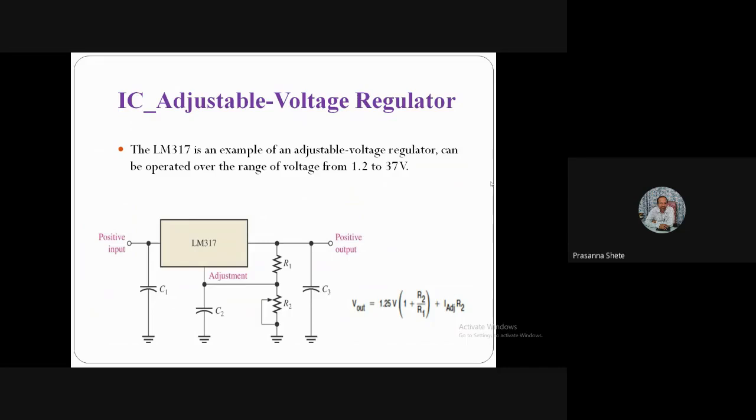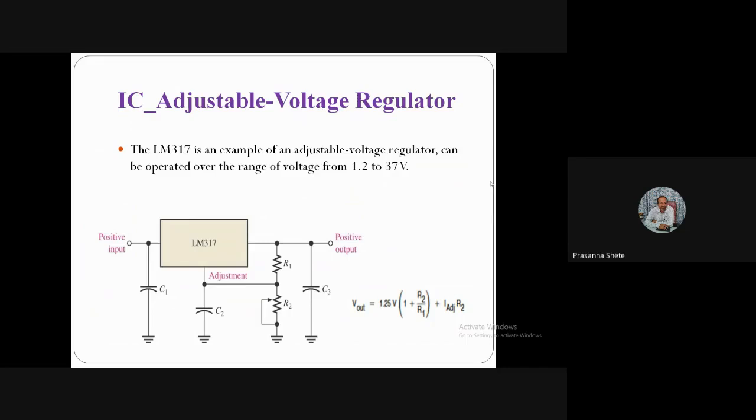And we can get all the voltage levels over there depending on the R1 and R2 values, which are connected as a voltage divider network at the output of this particular circuit as shown in the diagram on the screen. Now you can see over here again we have 3 terminals. Input is connected to the positive input voltage, which is unregulated DC voltage. Then we have the adjustable terminal, pin number 2, which is connected through a capacitor C2 to the ground. And that adjustable terminal is connected to R1 and R2 at the center over there.